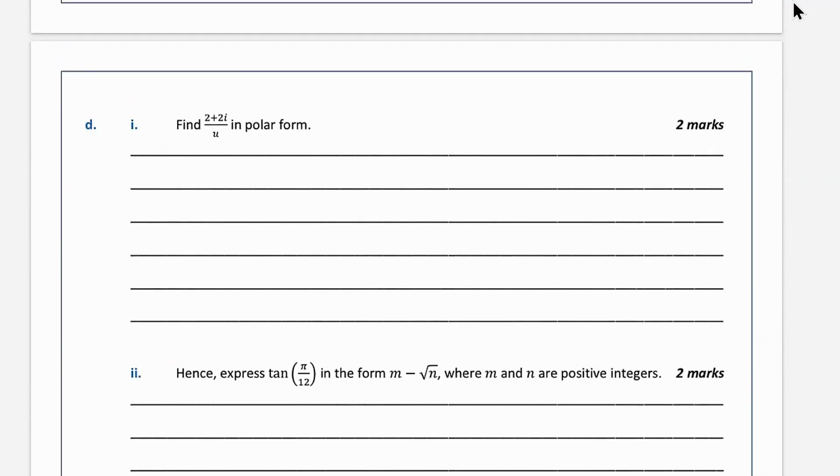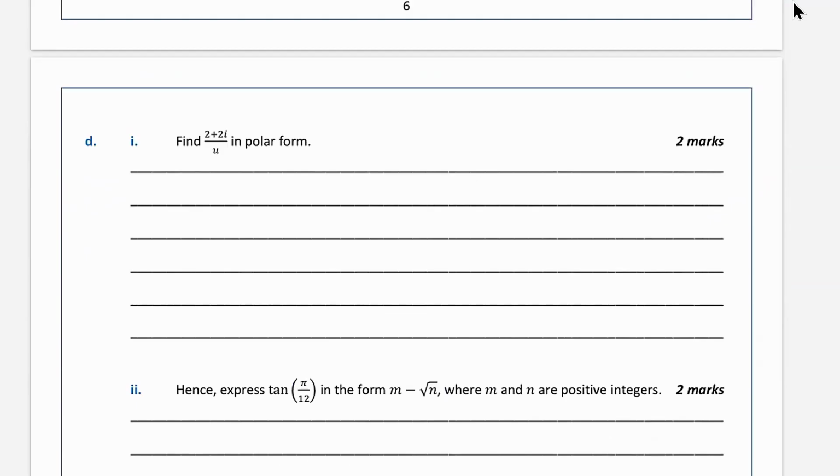Okay, let's complete this one. Find 2 plus 2y divided by u. What is u here? This is going to be 2 squared, 4, 8, right? So it's going to be 2 square root 2. Now we know the division rule, right?